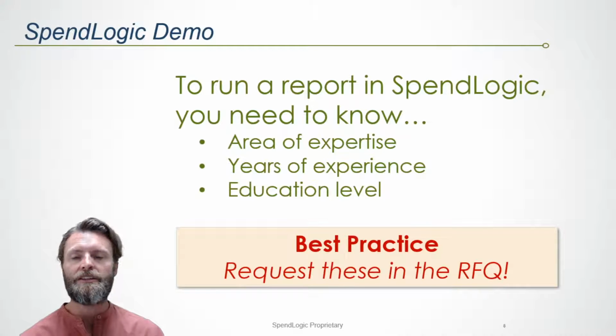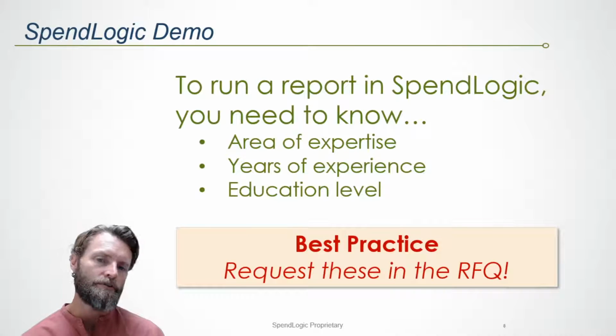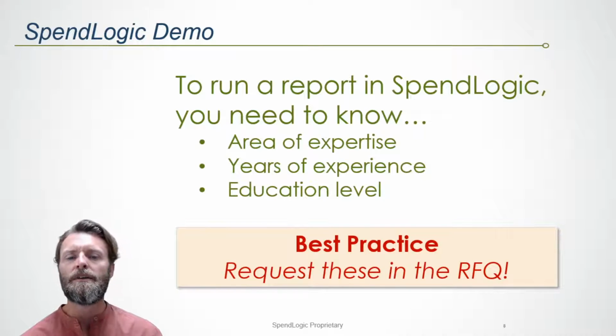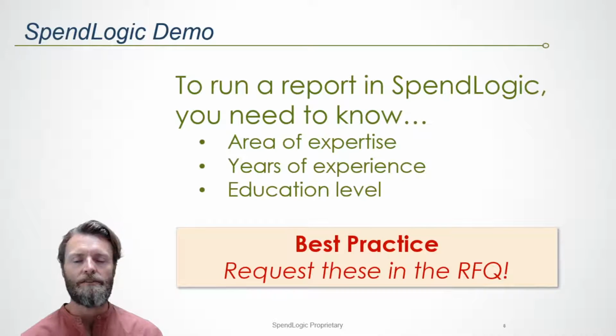So if you're looking for an engineer 1 over in company A and a junior engineer over in company B, the way that you align them, because their titles are not the same, is you look at how many years of experience and the education level. If they both carry a requirement for 5 years of experience and a bachelor's degree, great, those are going to be comparable right off the bat.